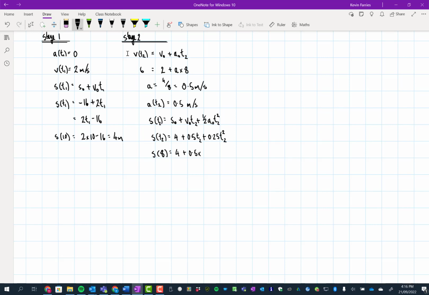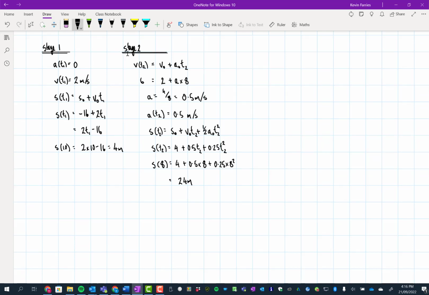So 0.5 times 8 plus 0.25 times 8 squared, which is equal to 4 plus 0.25 times 64. This is going to be 24. It's going to be 24 meters at the end of stage 2.